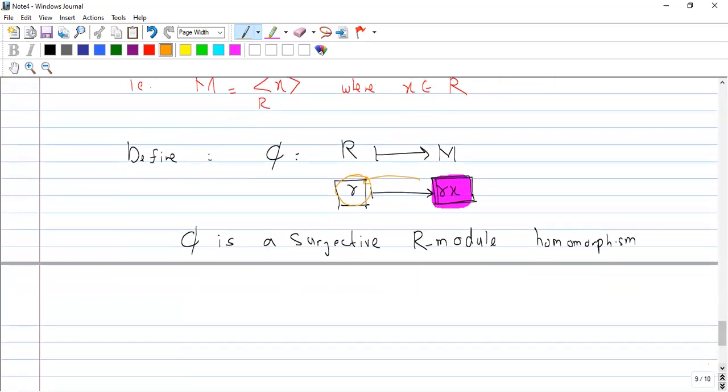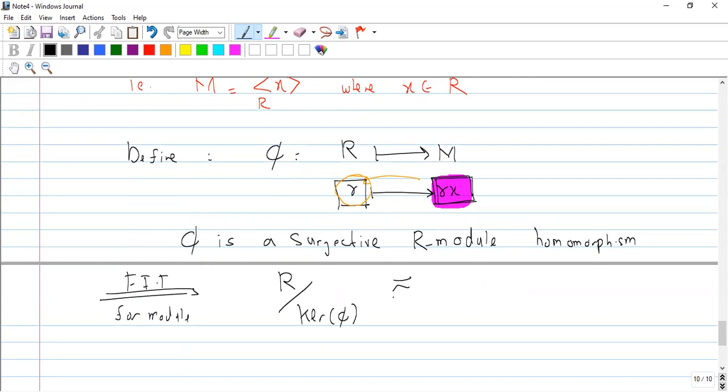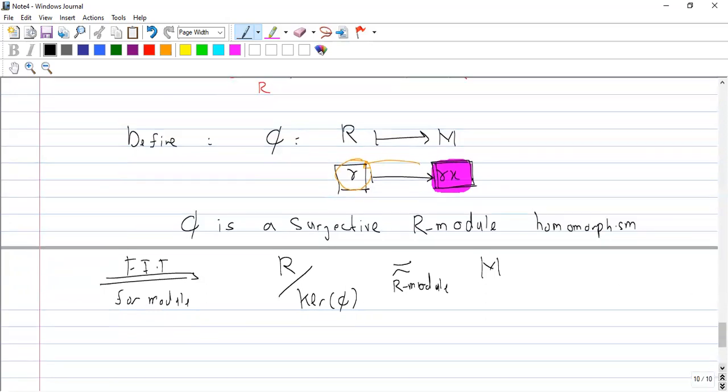So now using the first isomorphism theorem for modules, R over kernel of phi is R module isomorphic to M. Now we know that the kernel of phi is an ideal of R, because we are considering R as an R module.